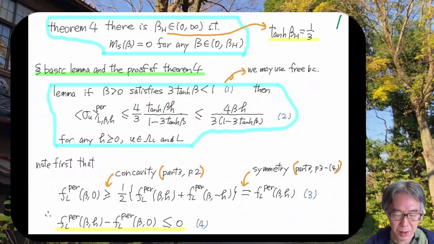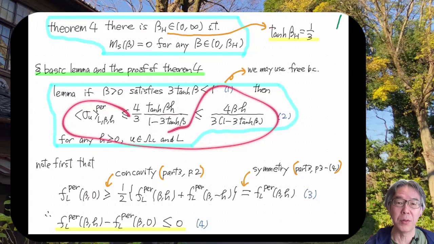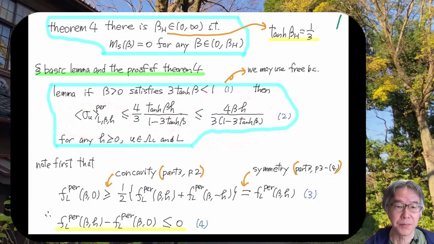Now, here you have beta and here you have beta h, and you can of course upper bound this hyperbolic tangent by beta h. So we have this upper bound. Okay, so this will be useful.